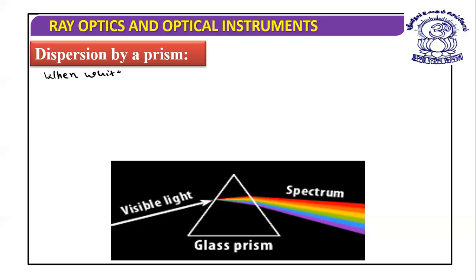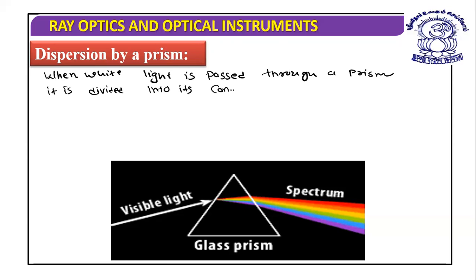When white light is passed through a prism, it is divided into its constituent colors. This phenomenon is called dispersion of light.